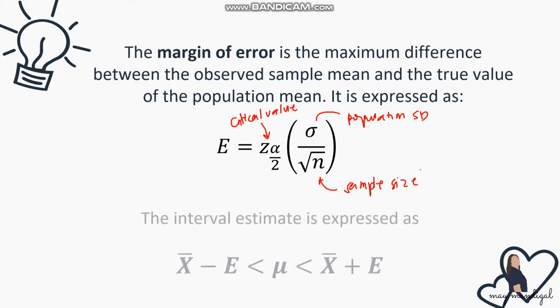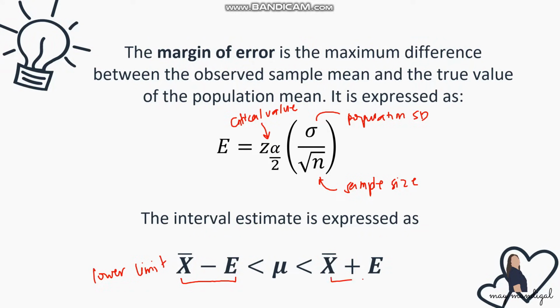Now, after you solve that, we can now write the interval estimate. It is expressed like this. We have x bar minus the margin of error, so this is the sample mean minus the margin of error. And then we have the sample mean plus the margin of error. So this is now our interval. This part here gives us the lower limit of our interval, that means that is the lowest value of our interval.